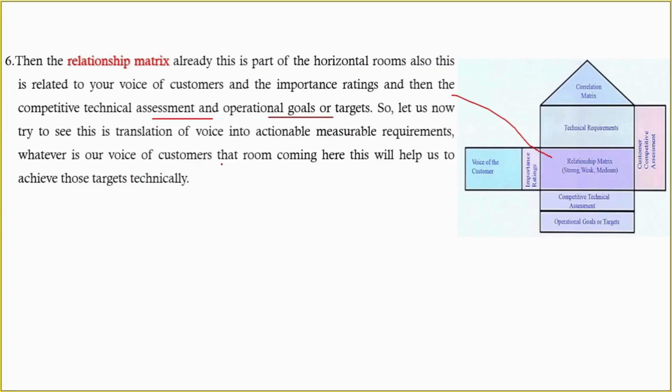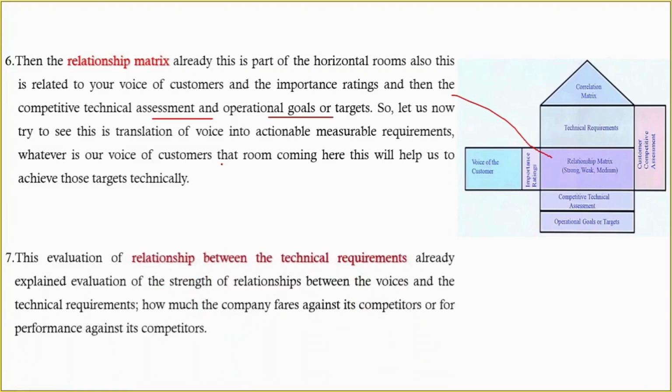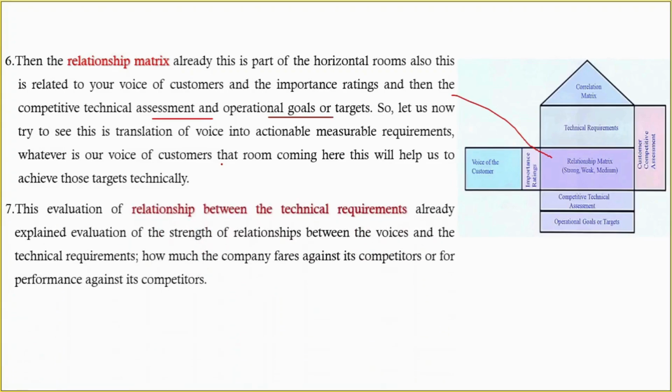Whatever your voice of customer is, the room covering it here will help us achieve those targets technically. Then comes the seventh point, that is the evaluation of the strength of the relationship between the voice and the technical requirements, and how much the company fares against its competitors.